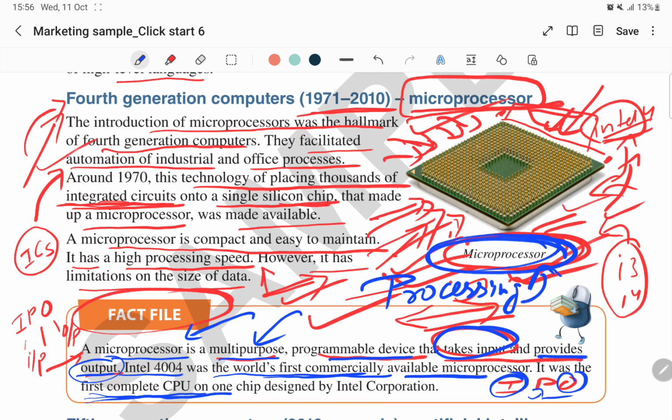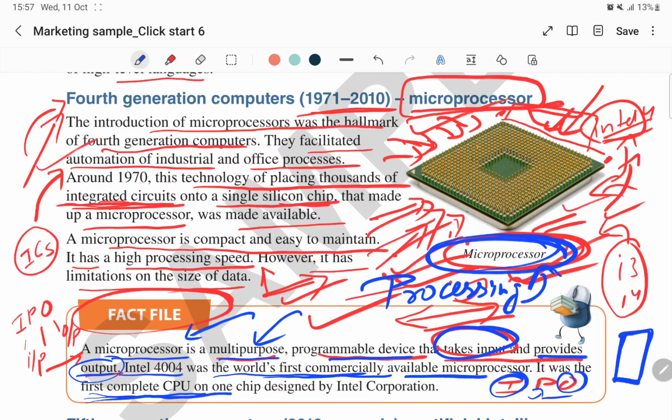Because the CPU has a motherboard, and on the motherboard we have placed a microprocessor, and that microprocessor is specifically responsible for the processing speed. That is why we say the CPU is responsible for the processing speed.